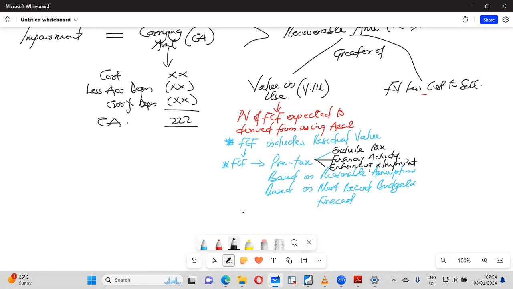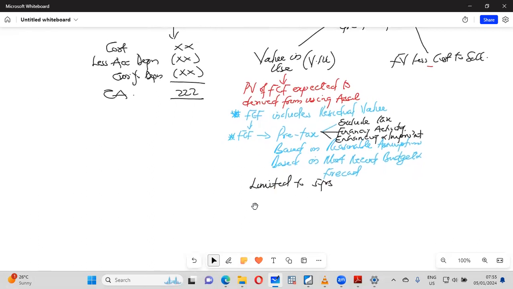Now, the standard says that the forecast that you are going to use, the future cash flows, should be limited to 5 years.